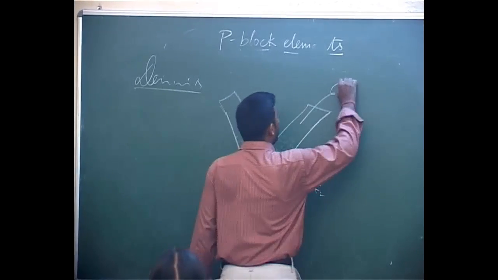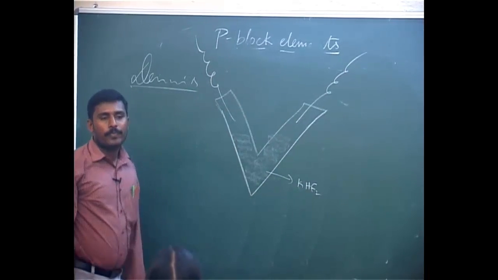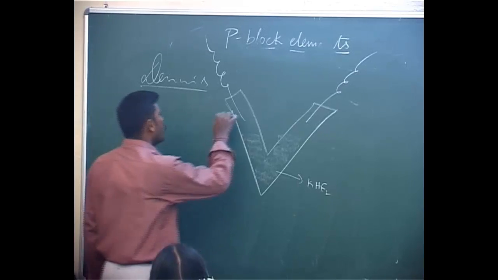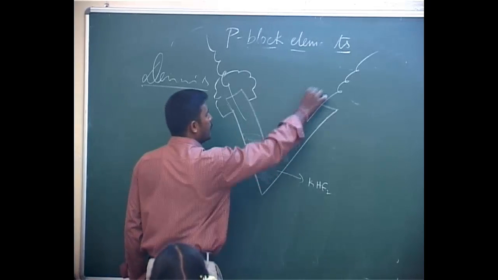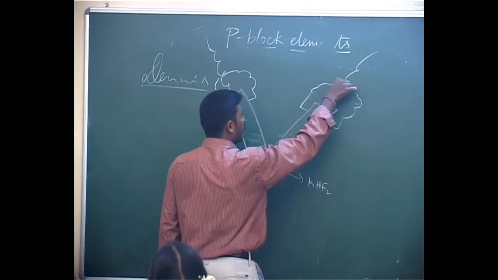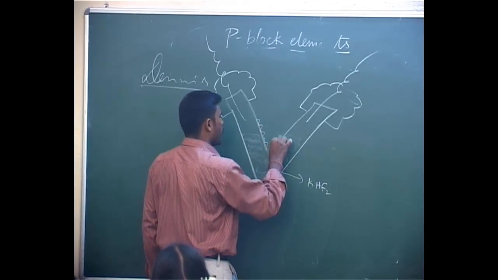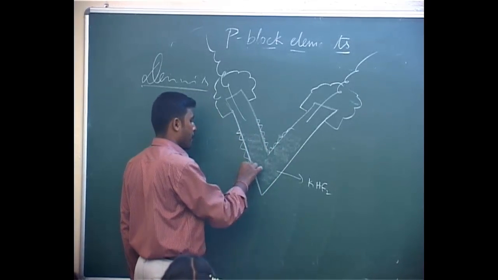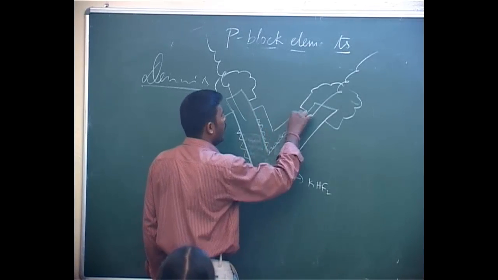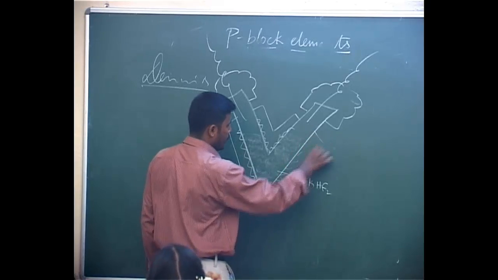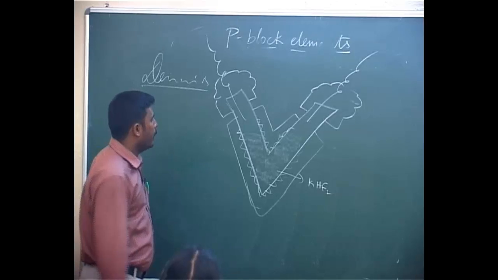We are going to take graphite electrodes, then it is closed by bakelite cement. It is covered by one more outer jacket to prevent loss of heat.